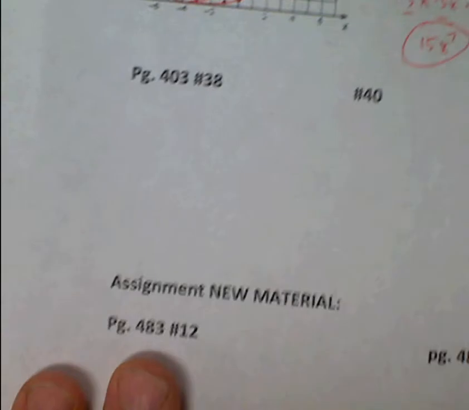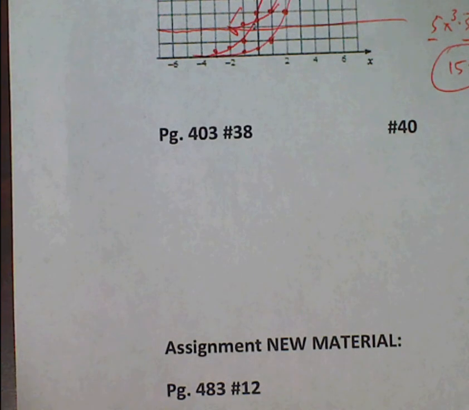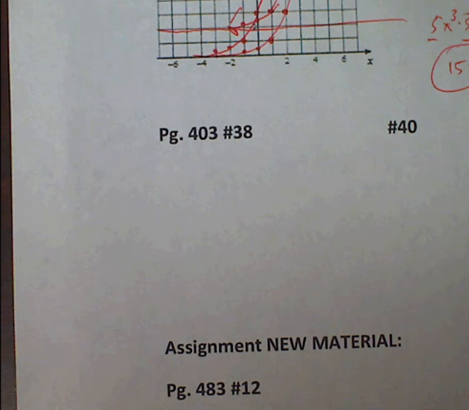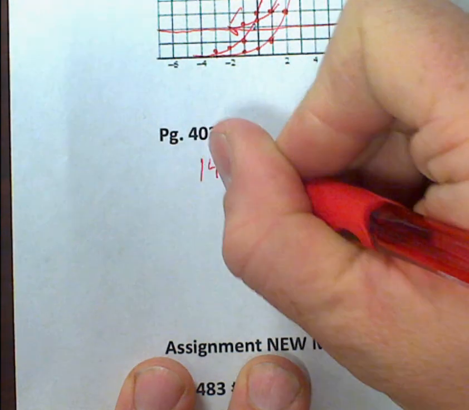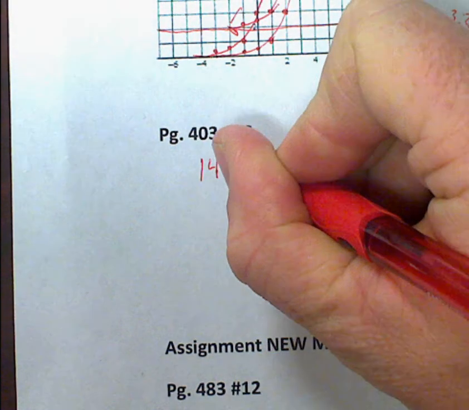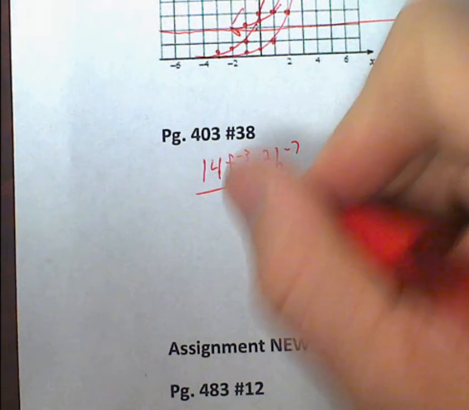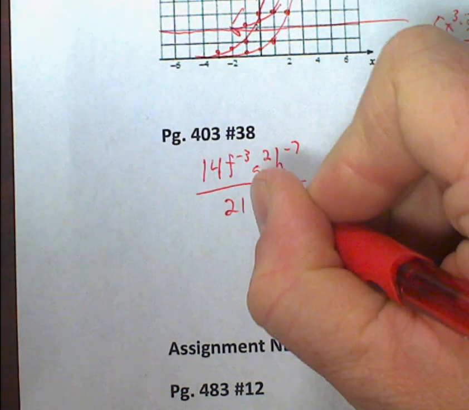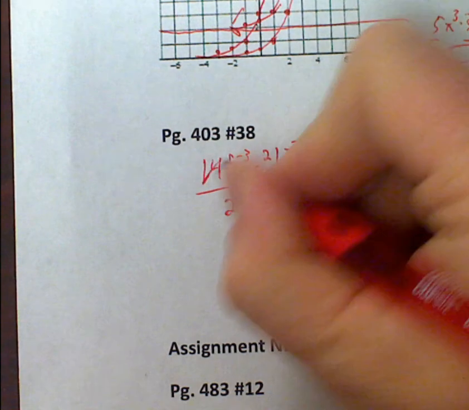Page 403, number 38. I need to simplify. 14 f to the negative 3, g squared, h to the negative 7, all over 21 k to the third. 14 over 21 I can reduce.